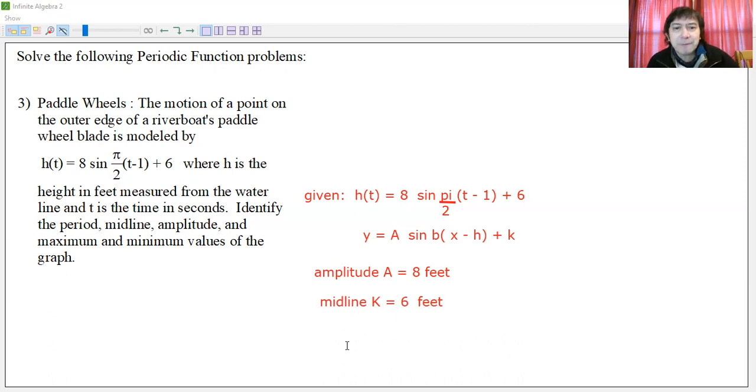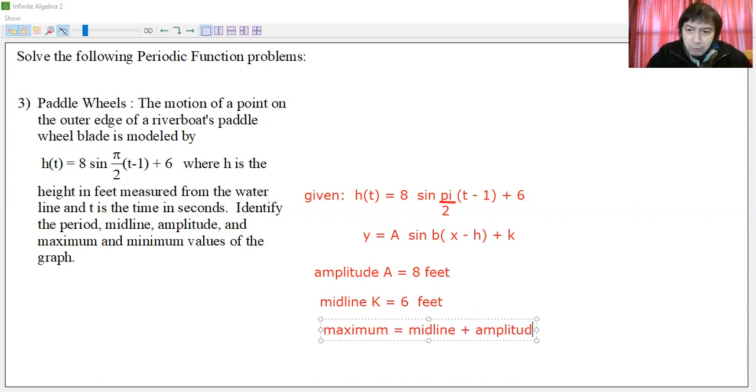All right, next we can compute our maximum and minimum. So how do we do that? We have a formula for the maximum: maximum is equal to midline plus amplitude.